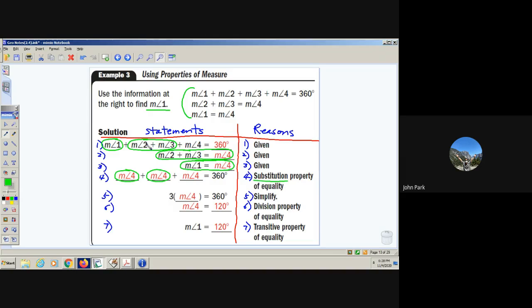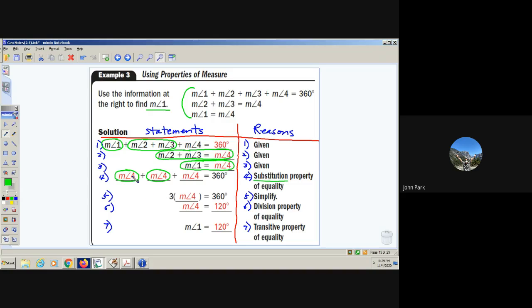So that's the second substitution, where the measurement of angle 2 plus measurement of angle 3 is equal to measurement of angle 4. And then the measurement of angle 4 is just the same, so just copy that there. So that's the substitution property, because I substituted something that was equal instead of the first line. I substituted each one here with the measurement of angle 4 because they're all equal to each other.